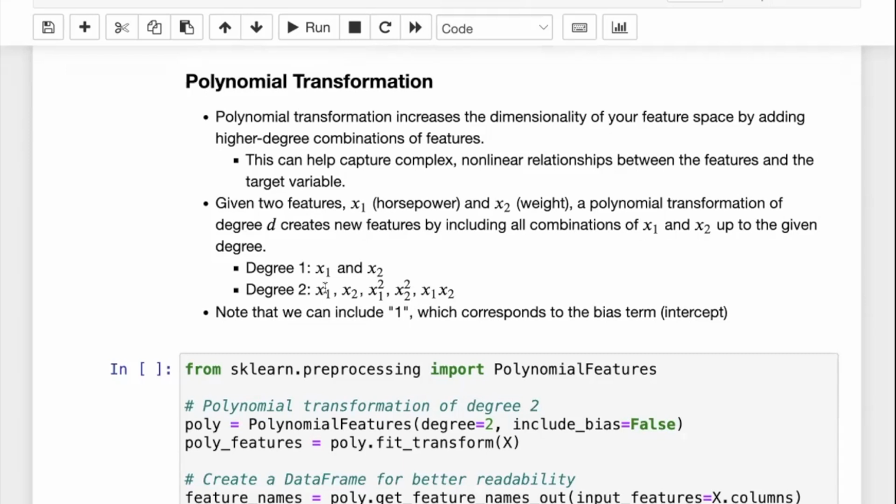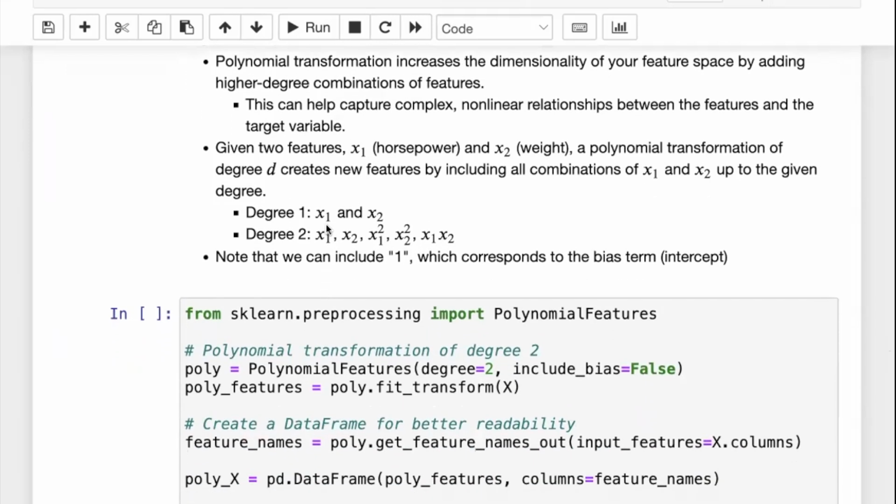And one of these methods is that, once we have the original features, let's call this x1, x2. So x1 here represents horsepower, x2 represents weight. Now we can create higher order degrees of these combinations of features to be able to extract polynomial types of relationships between inputs and outputs, right?